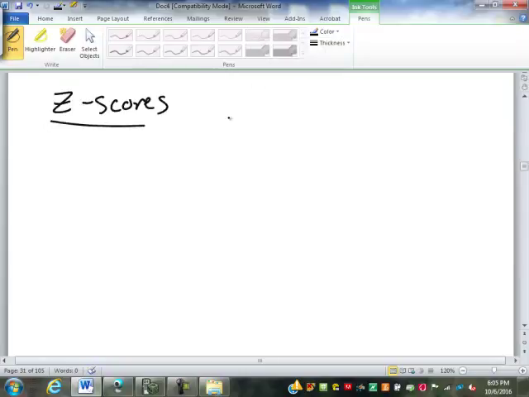Like we said, you can't compare two things that are from different populations or that occur under different sets of conditions or rules. We have to compare things that are within their own population, their own circumstances. And a Z-score is another very quick mechanism that not only does that, but allows us to compare numbers to each other as well.